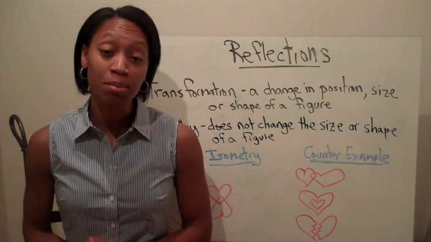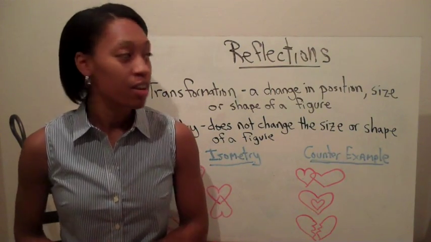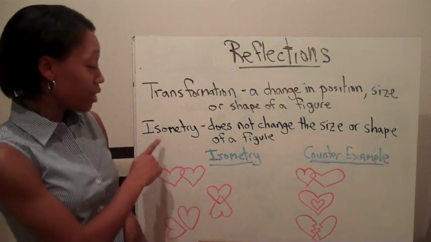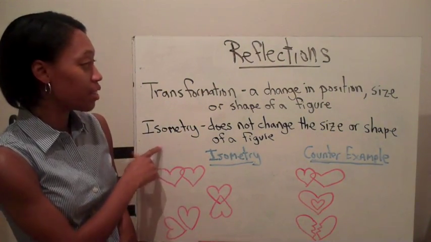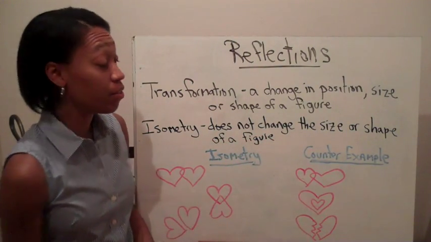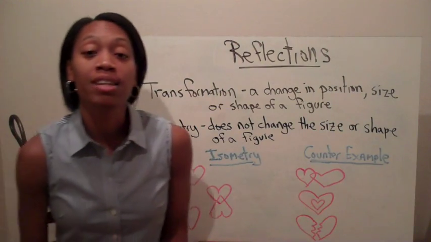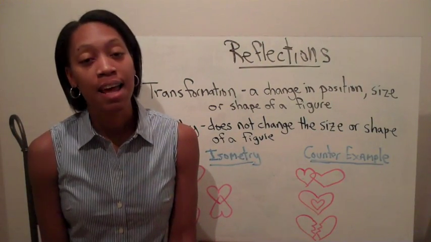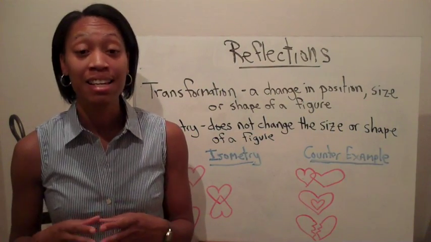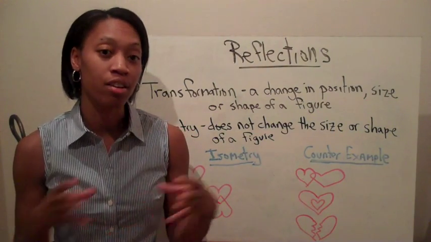Now, there are certain types of reflections, and a certain class of them is called an isometry. So an isometry is a transformation that does not change the size or shape of the figure. So when we have an isometry, that means that the shape that's created is congruent to the original one.